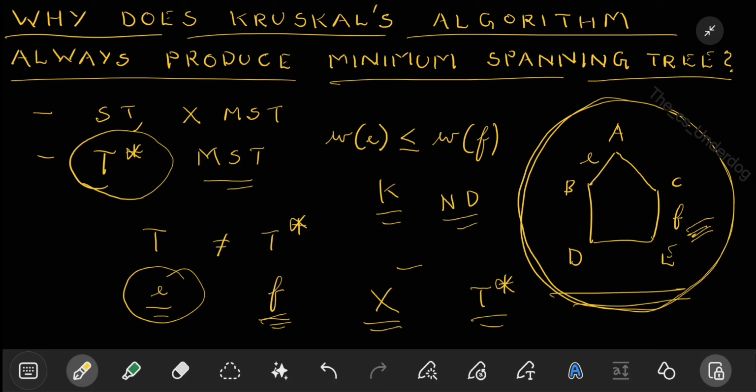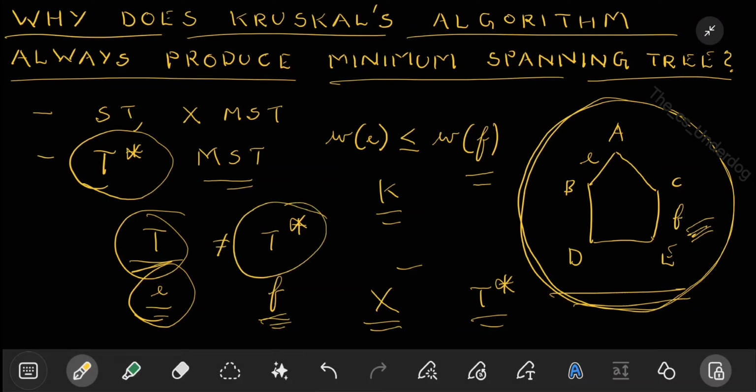Because of this, if F is an edge with smaller weight than E, Kruskal's algorithm would have picked F before E. Here, F is not part of T because Kruskal's algorithm preferred E over F. That is why T is what you formed using Kruskal's algorithm. T star is your true MST.